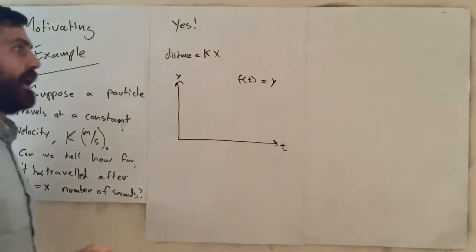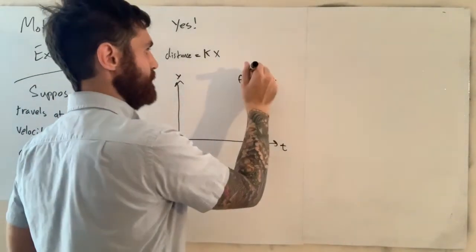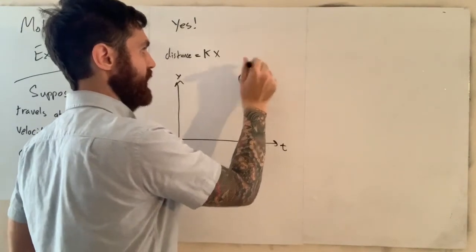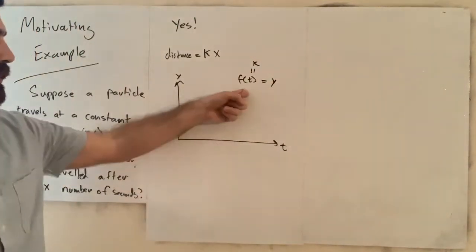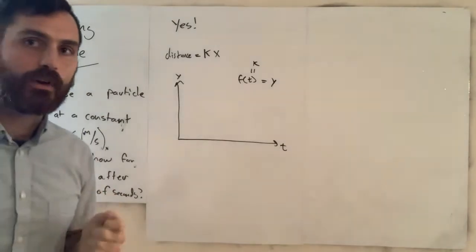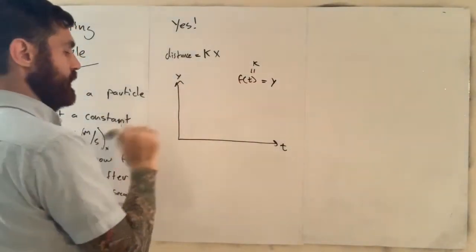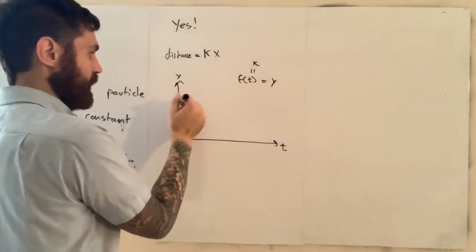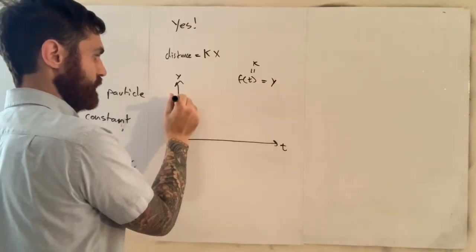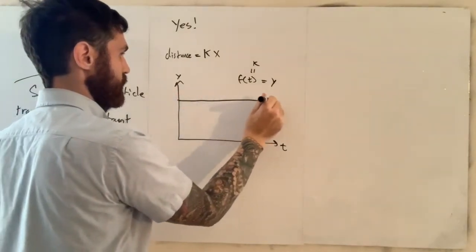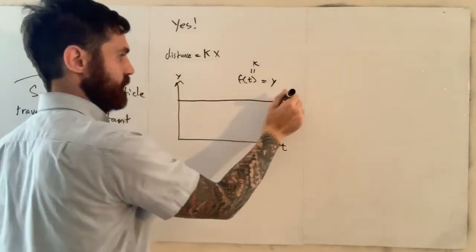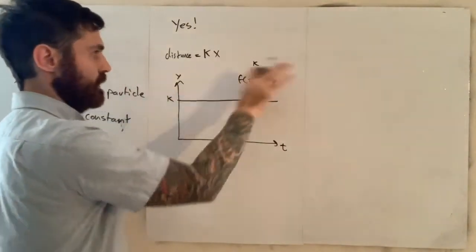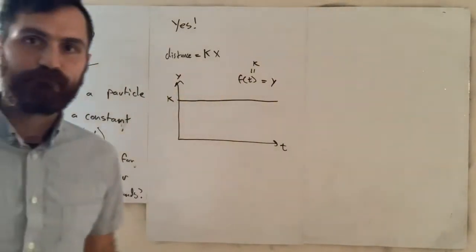Well, if f of t is just always equal to k at any time, the particle's velocity is always constant, well then we're probably moving at a positive rate. This is just going to be value k, and the graph is going to look like that.